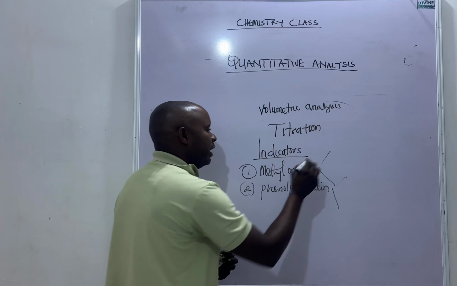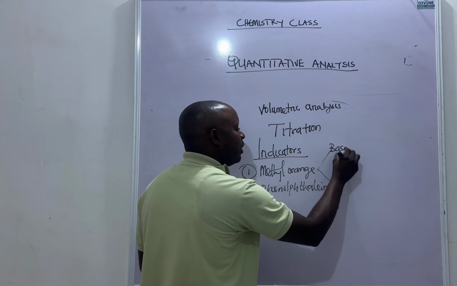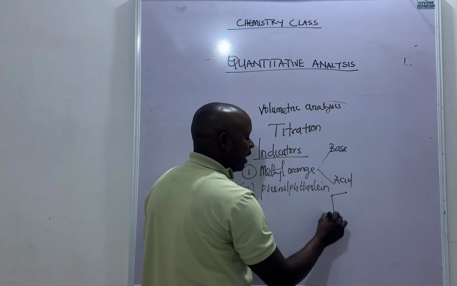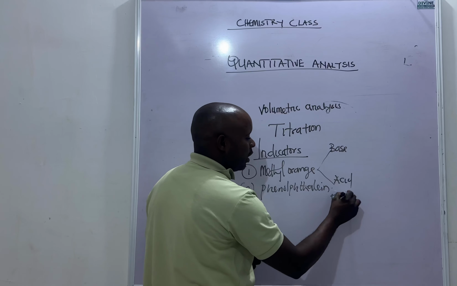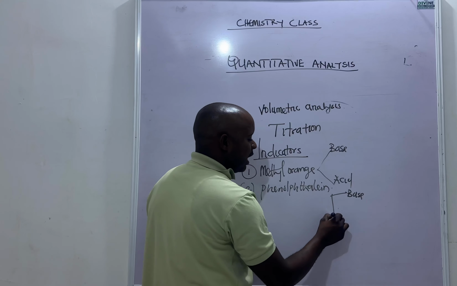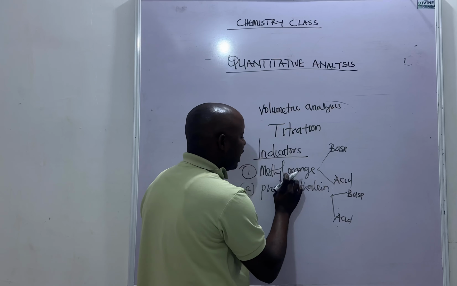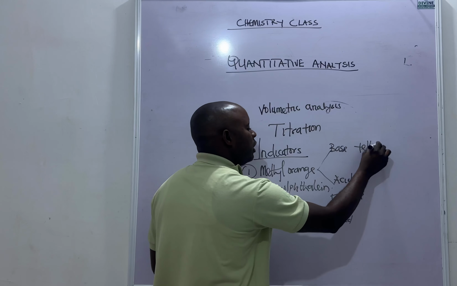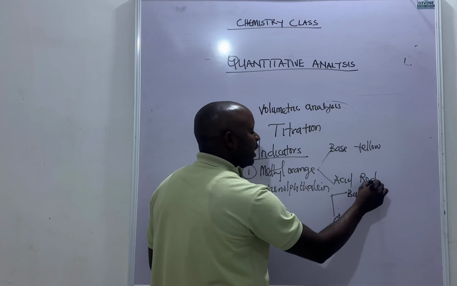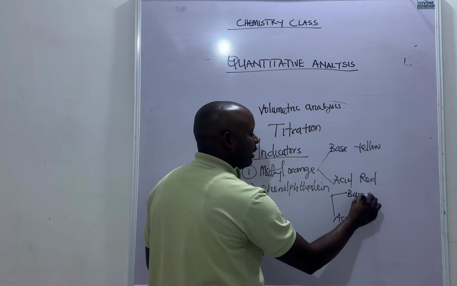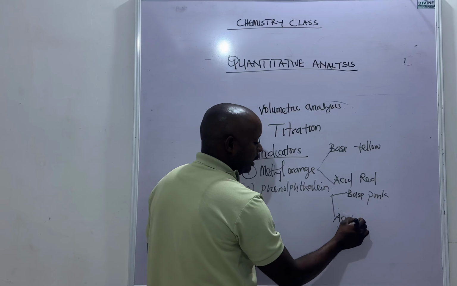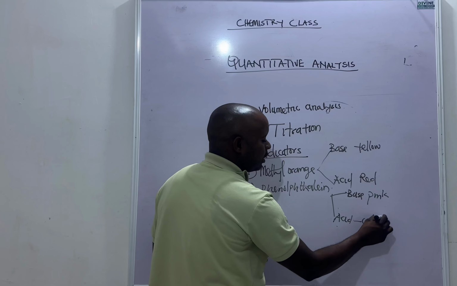Let's say we have a base and an acid. Methyl orange in base gives yellow, while in acid it gives red. Phenolphthalein in base gives pink, while in acid it is always colorless.